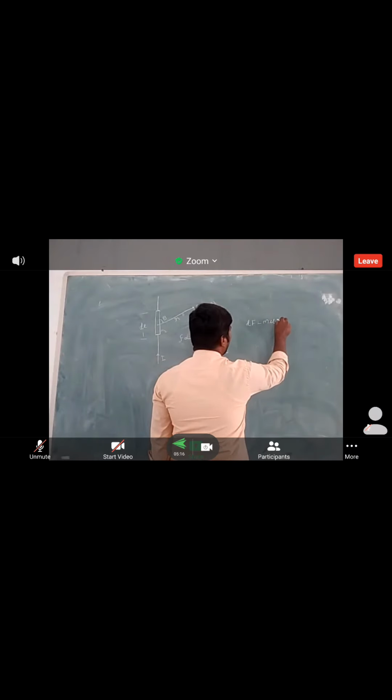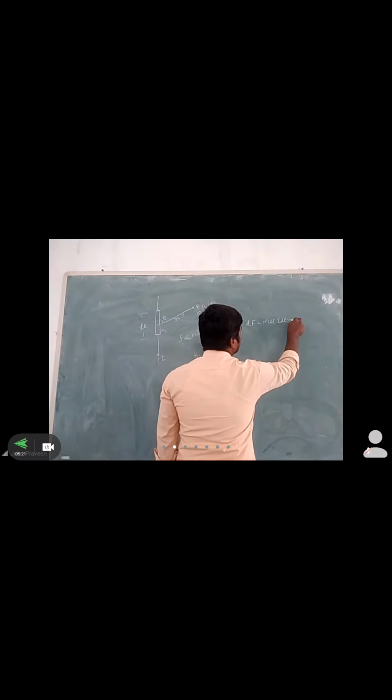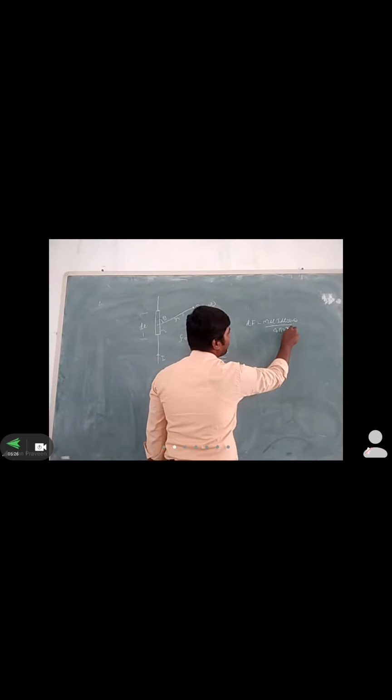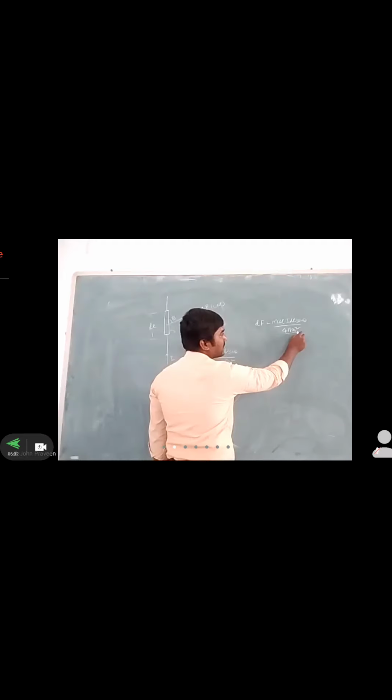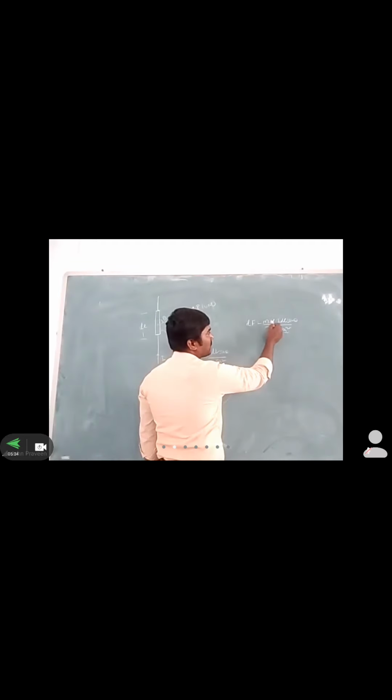So we can write it as M into mu into I dl sin theta by 4 pi r square. These are all constants: 4 pi is a constant, the radius is constant, the m value is constant, mu is constant. But what are the variables?